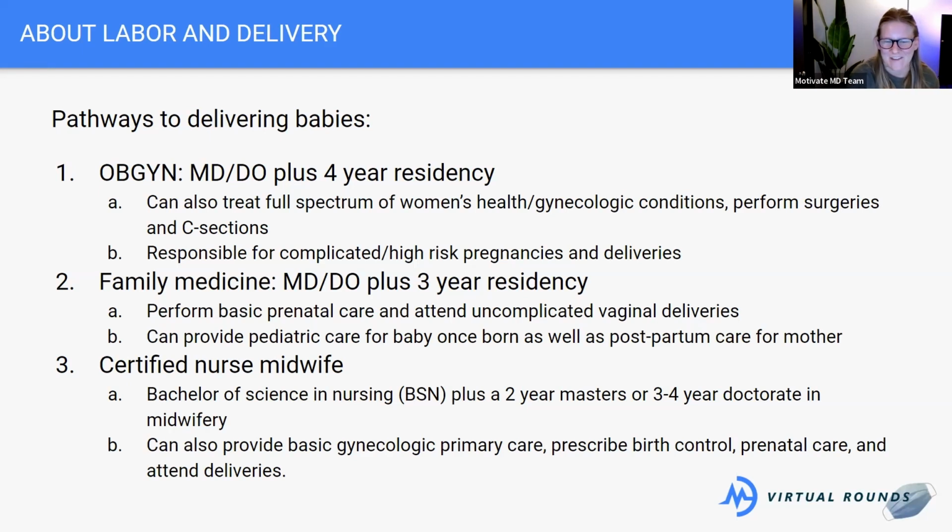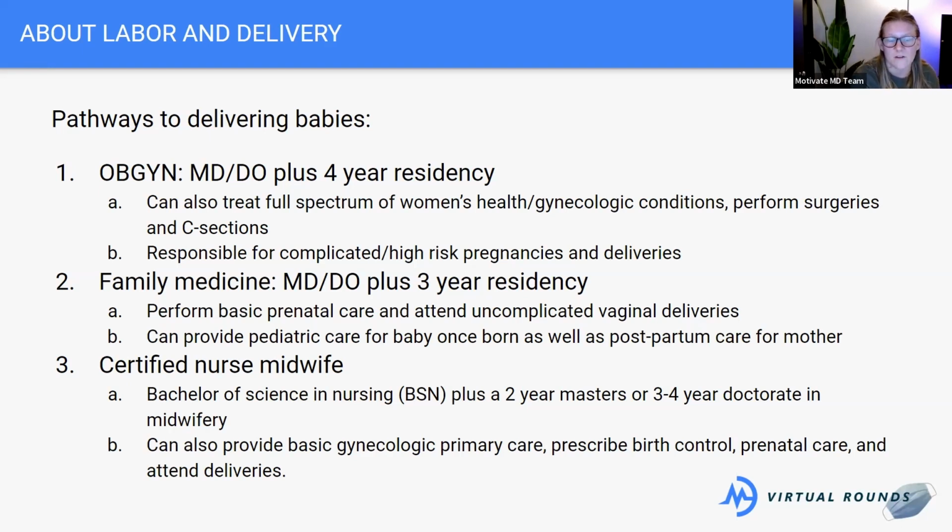Family medicine doctors do everything, and I have the utmost respect for them. They can provide basic prenatal care, and they can attend and perform uncomplicated vaginal deliveries. They can also provide pediatric care for the baby once the baby's born, as well as postpartum care for the mother. So that's one difference between the OBGYN and the certified nurse midwife: family medicine can care for the baby and the mom after the baby's born.